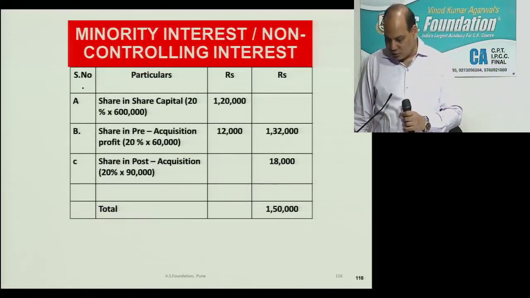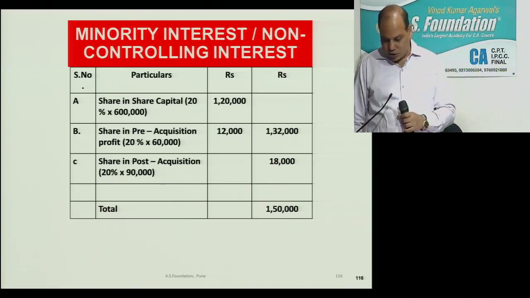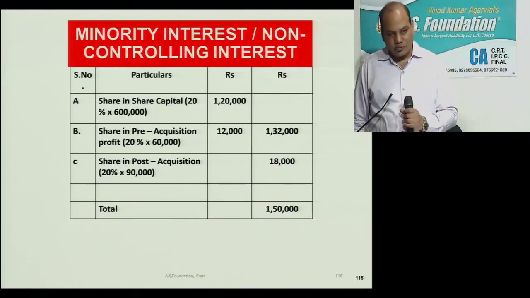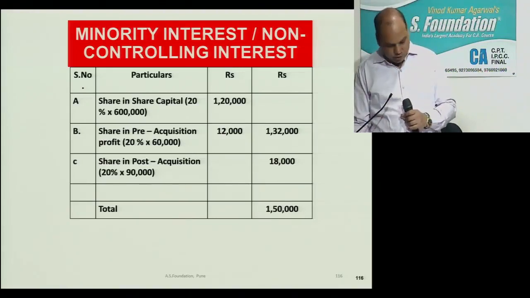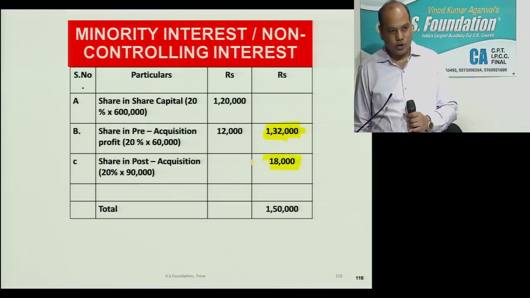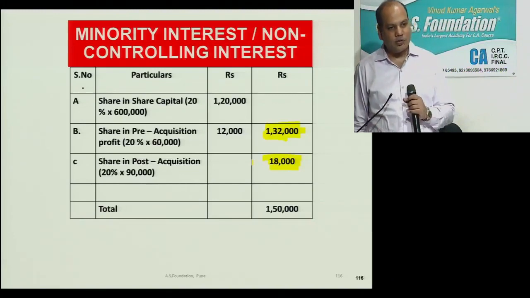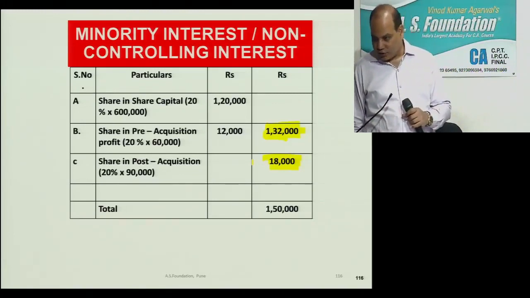Is it 1,20,000? Then minority share in pre-acquisition profit is 12,000. Is it 12,000? Yes. So what was the minority interest on the date of acquisition? 1,32,000. As the subsidiary will earn more and more profit, the minority interest will also increase because their share in profit will also increase. Is it 18,000? Yes. So what is the total minority interest?